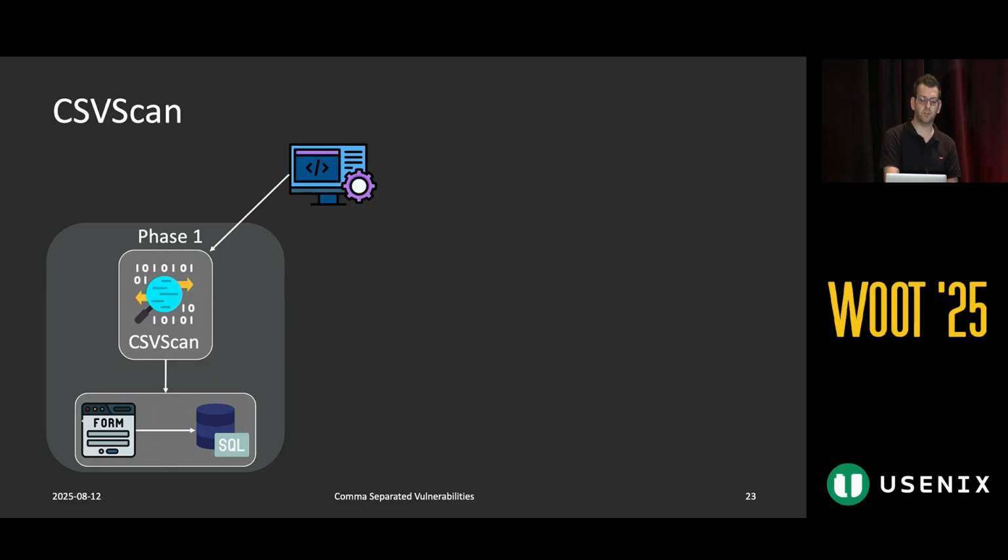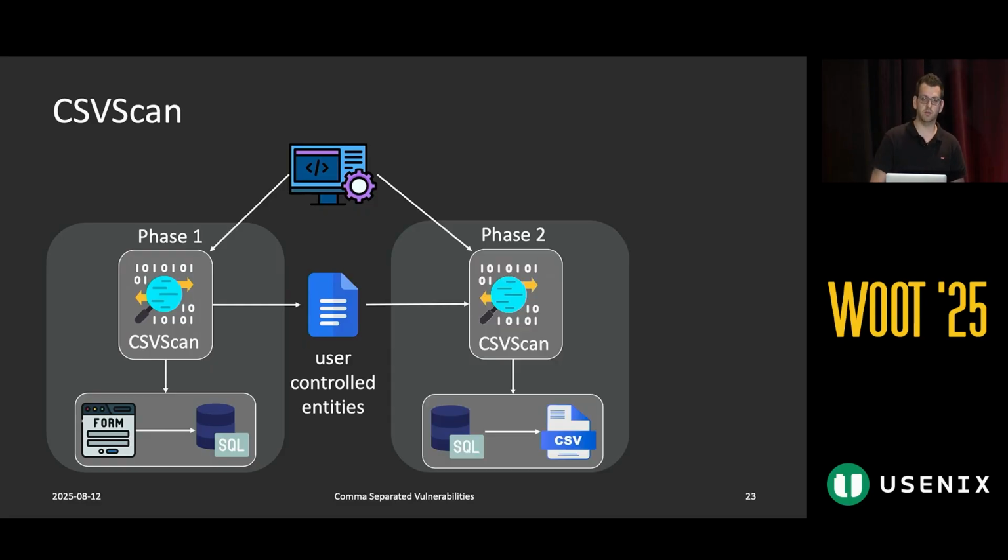And if you find such flaws, we store the information about these user-controlled entities that are in the application and use them for our second phase, where we search for these entities that are read from the database and later on written to a CSV file. And if we find such cases, then we have an end-to-end flow of user-controlled input inserted into the application and later on written to a CSV file.